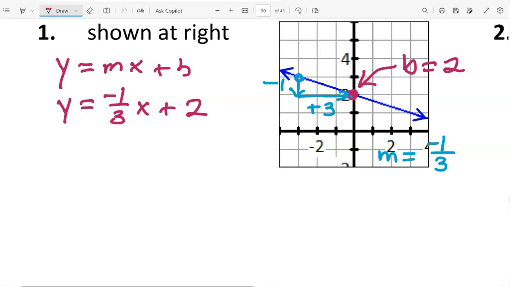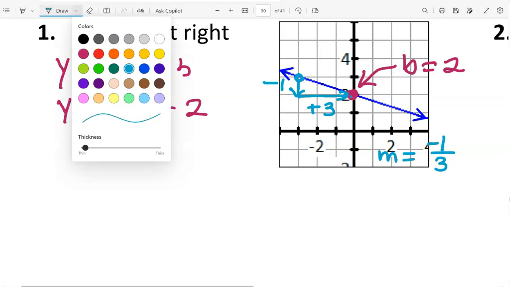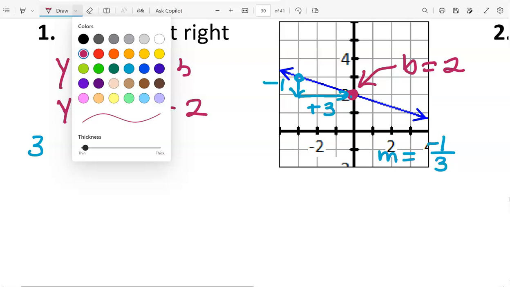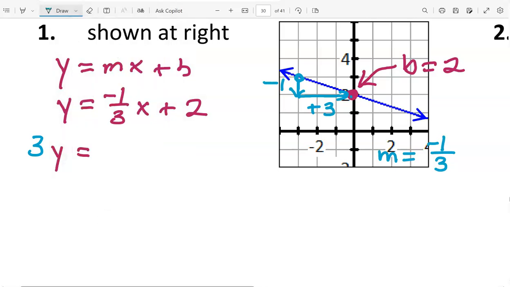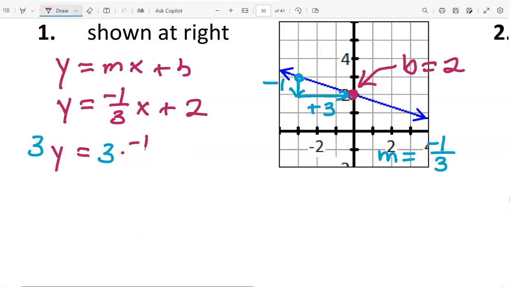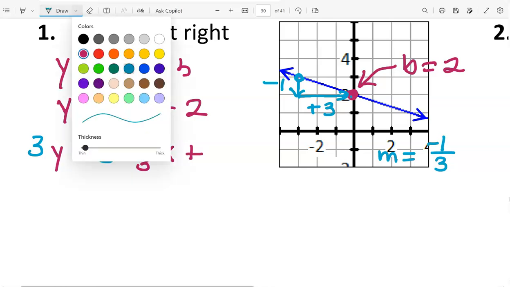Now we're going to convert that equation into standard form. In standard form, there are no fractional coefficients, so we'll need to multiply all terms by 3. Remember to distribute that multiplication to all of the terms on both sides of this equation.